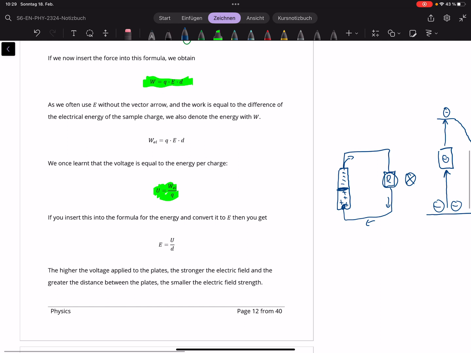So that's our definition, energy per charge. So how much energy we give each coulomb.